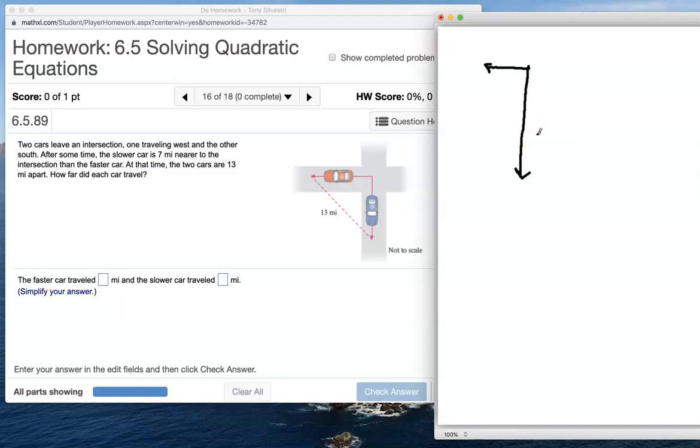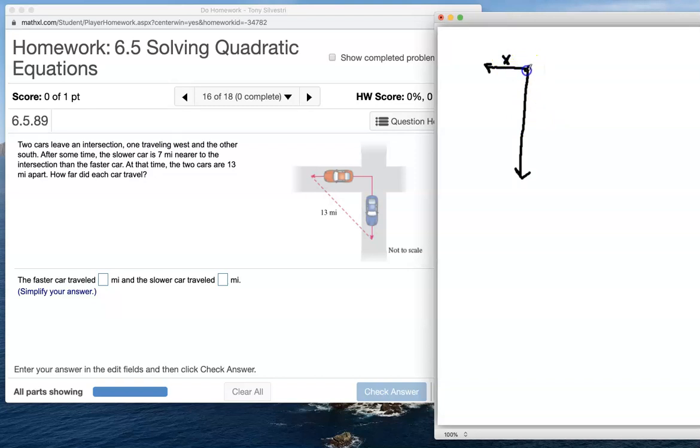After some time, the slower car is 7 miles nearer to the intersection than the fast car. Oh, okay, that makes sense. It's 7 miles nearer than the fast car. Now, how do we represent that? Let's consider x to be the distance of the slow car.